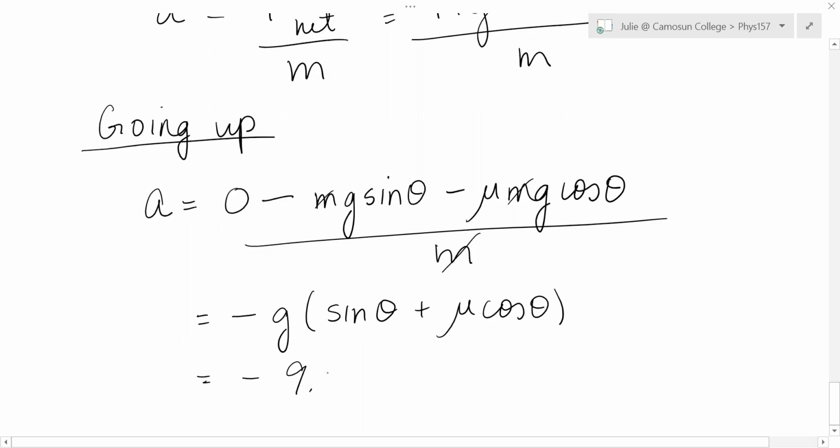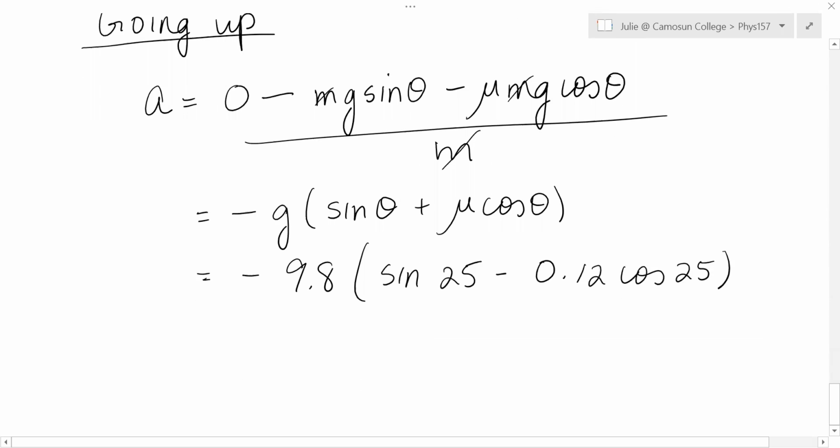So this is negative 9.8 sine of 25 plus 0.12 cos 25. Okay, so this is the acceleration on the way up. This will be a bigger negative number than when it's coming down. And so the answer is, I don't know, I guess I have to work that out.